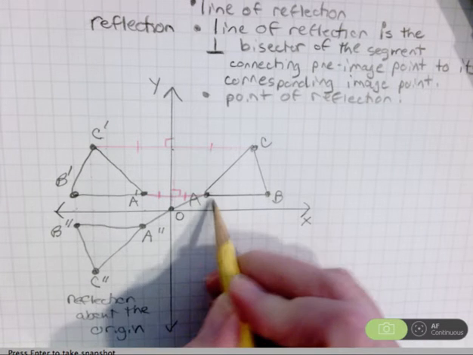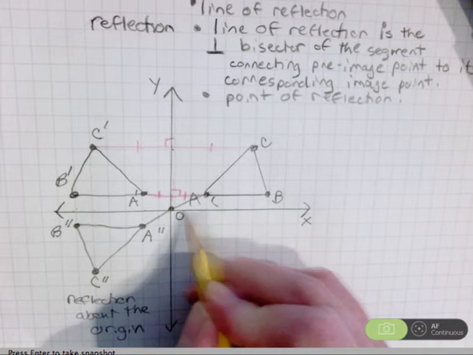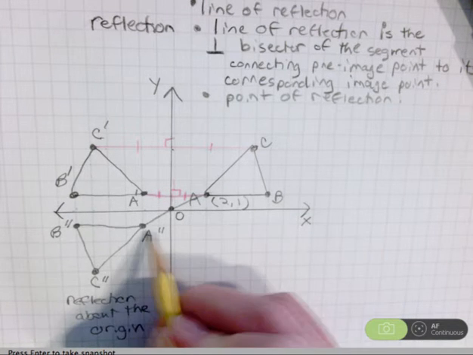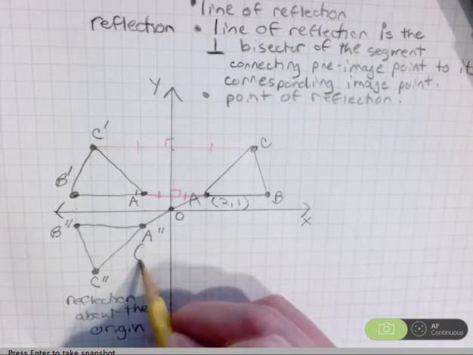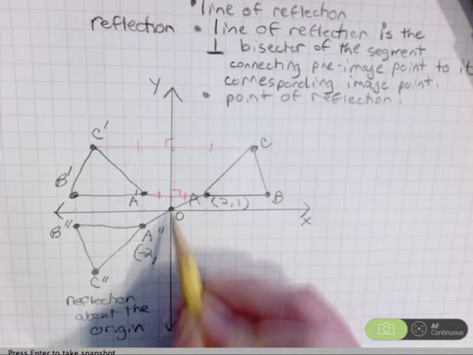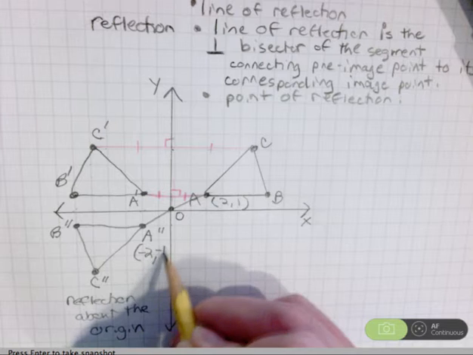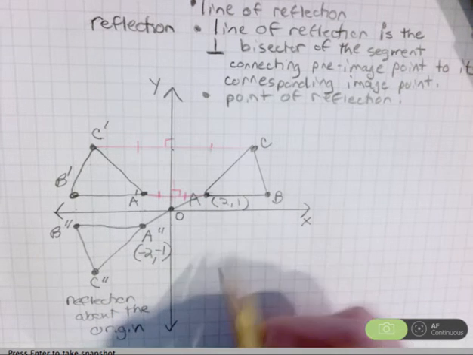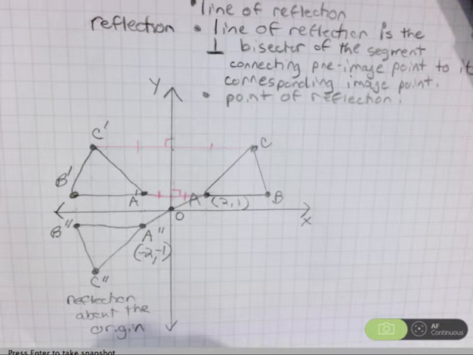For example, point A has coordinates over 2, up 1. And notice that point A double prime has coordinates over 2 to the left, so -2, down 1, so -2, -1. So it's just the preimage coordinates negated that give you the image coordinates for a reflection about the origin.